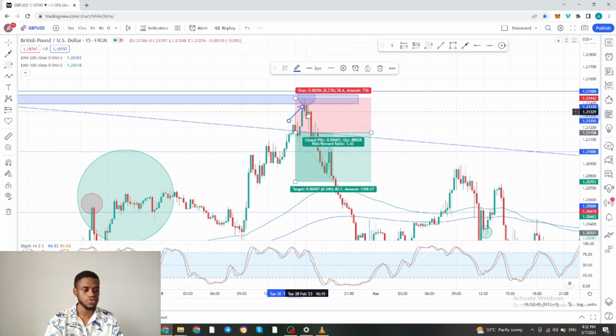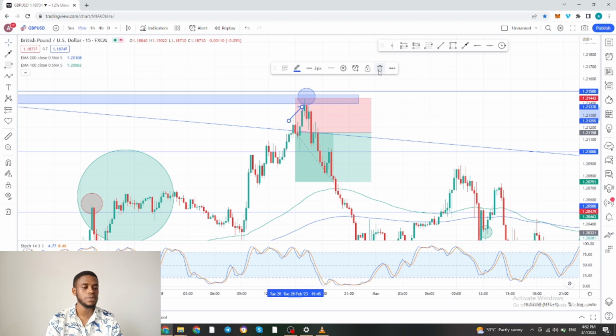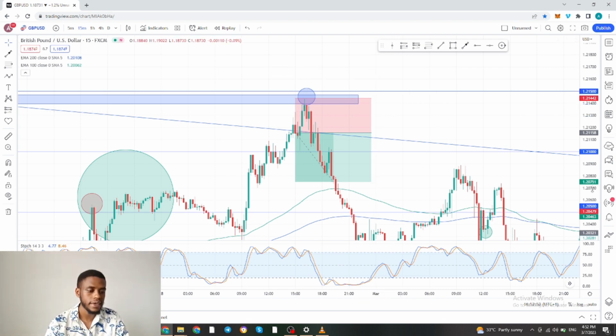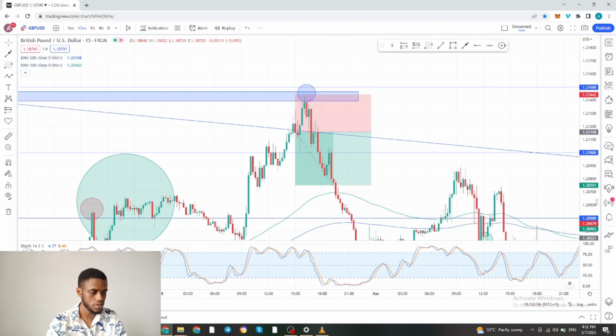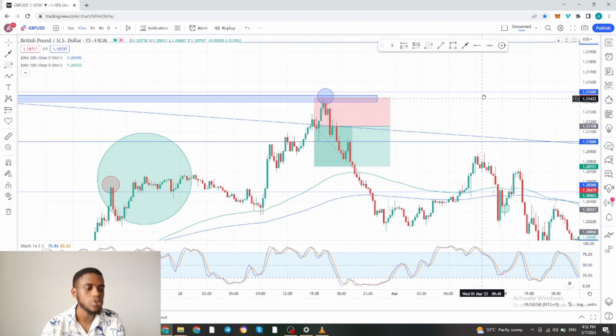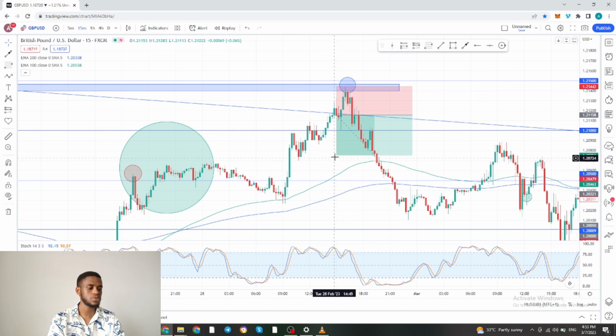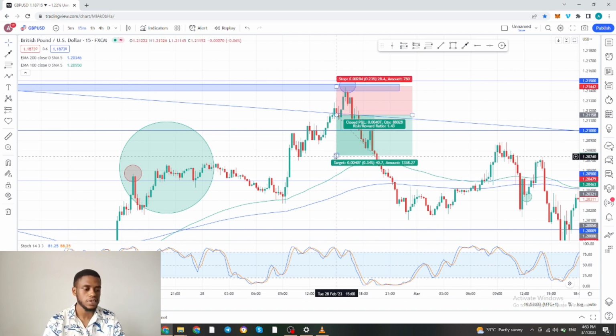So I didn't really take the trade from this entry. I took the trade from right around this area. So let's say I had seen it earlier, I would have taken it like this and put in 28 pips. We almost took out right there. Price almost took us out, but it did not.